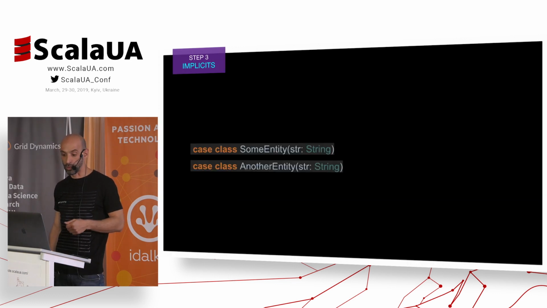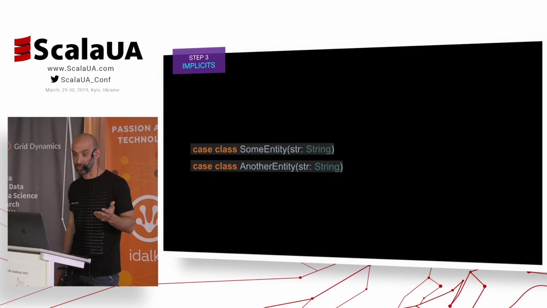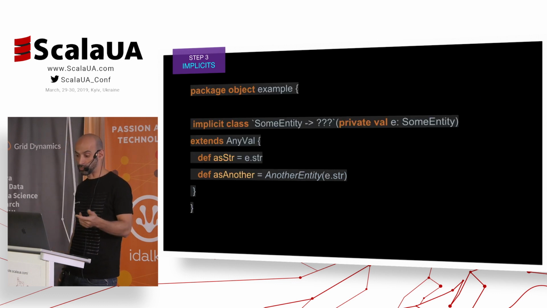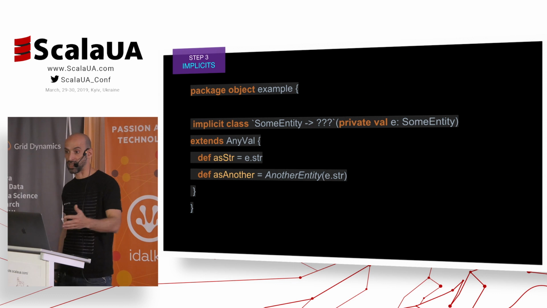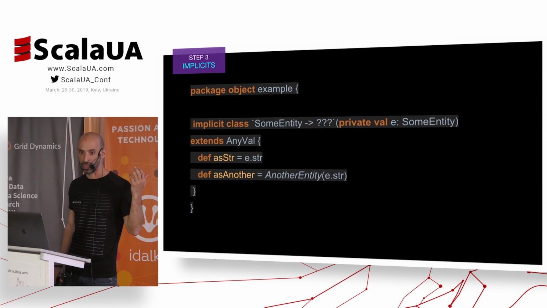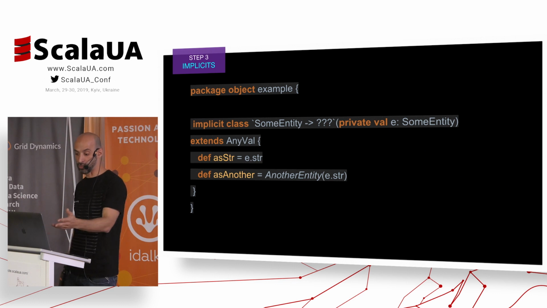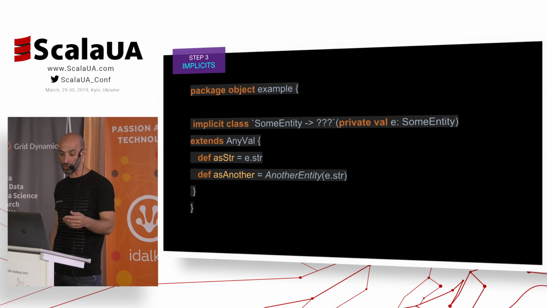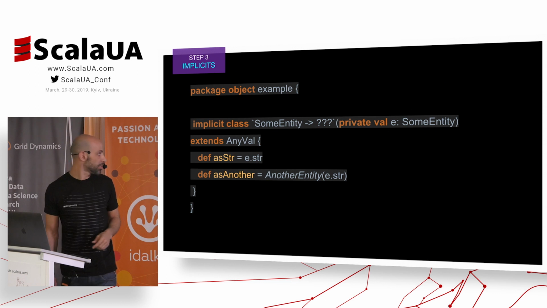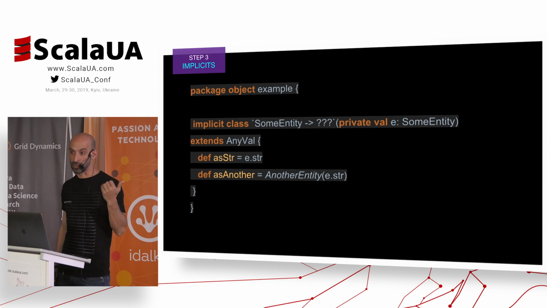For example, if you have 2 case classes, you write some implicit class, you can put it in a package object, so you get it in the same package for free, and then you write 2 functions. For example, I have this as str and also as another. Those 2 functions are very simple.